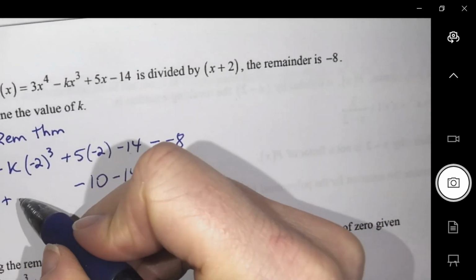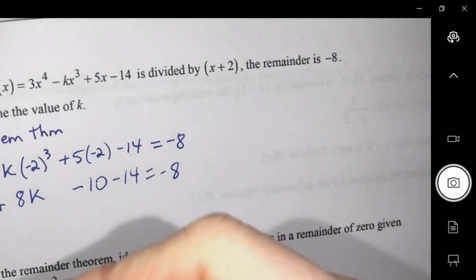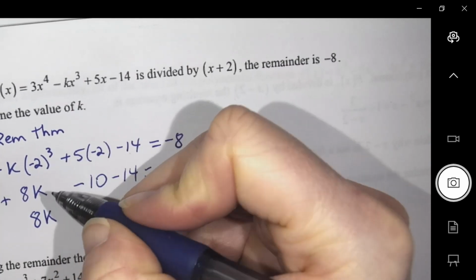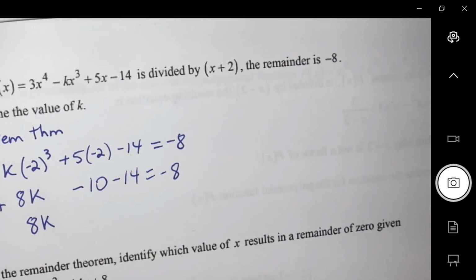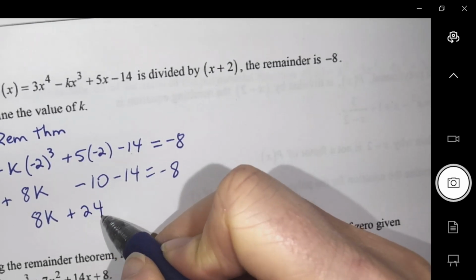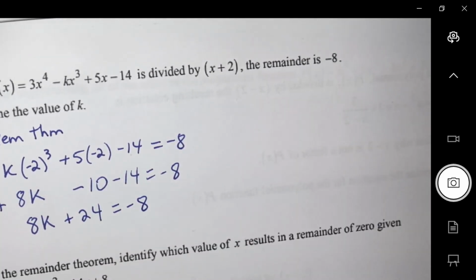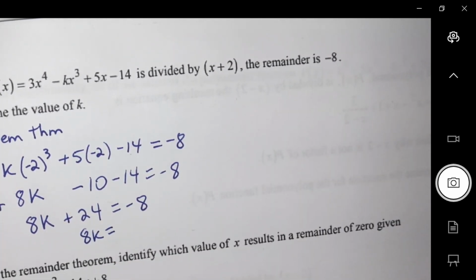Positive. Positive 8k. So 8k, put all those numbers together. So I got a plus 24. Move the 24.